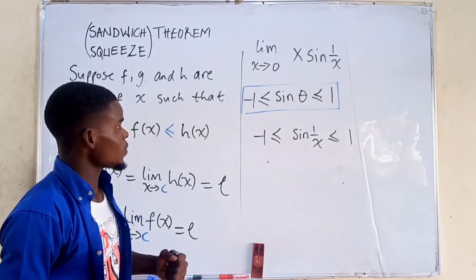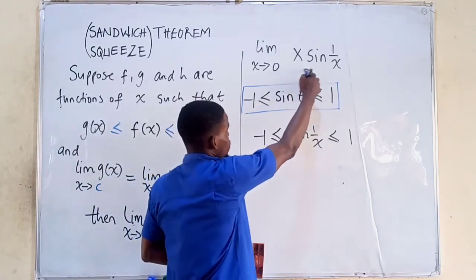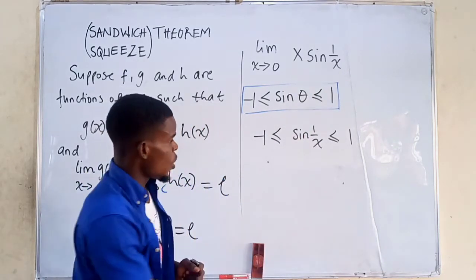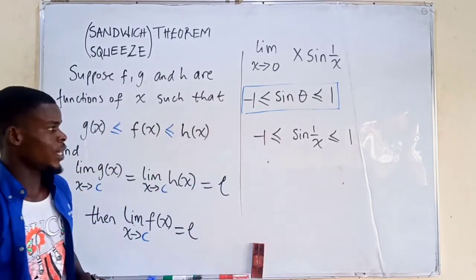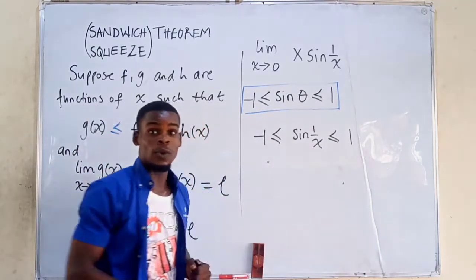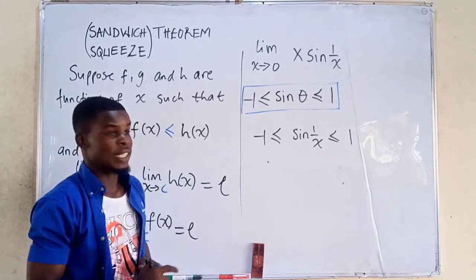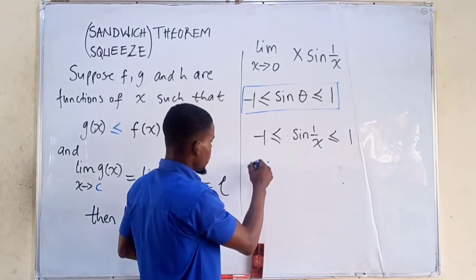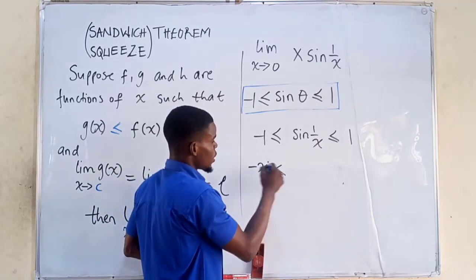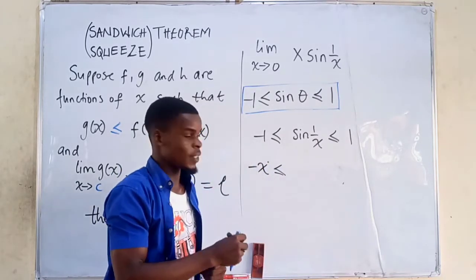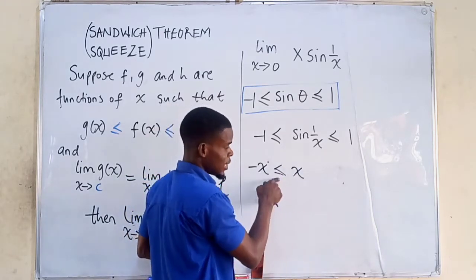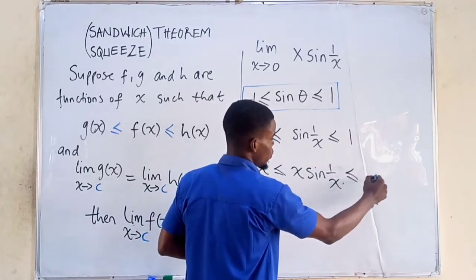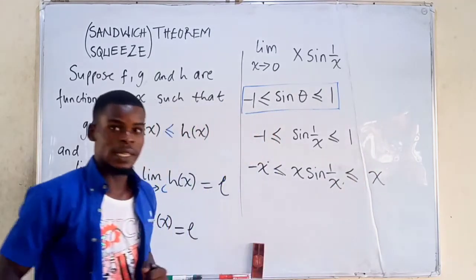Now, observe that this function has x being multiplied with it. To make use of the sandwich theorem, we have inequalities where the extreme left and extreme right are negative 1 and 1 respectively. To get the x together with sine of 1 over x, we multiply through by x. Negative 1 times x gives us negative x, which is less than or equal to x times sine of 1 over x, which is less than or equal to x times 1, which gives back x.